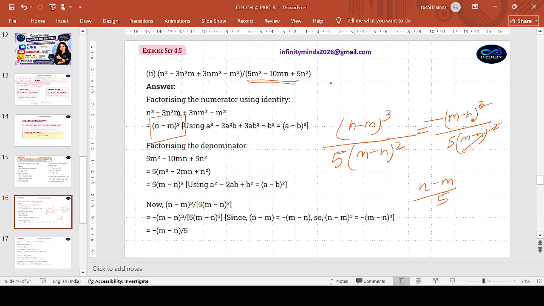That is the kind of answer we expect: you factorize numerator and denominator separately, you will have some cancellation and then you get a simplified form. No direct cutting, nothing like that. You first have to make factors of the expressions given to you. Then if you find something common, do make sure to cancel it.